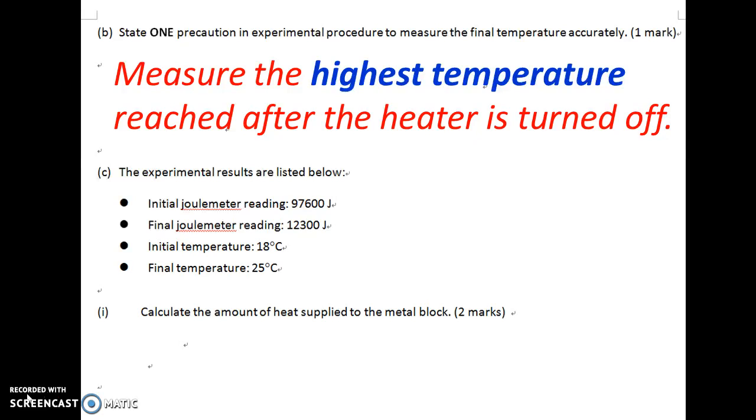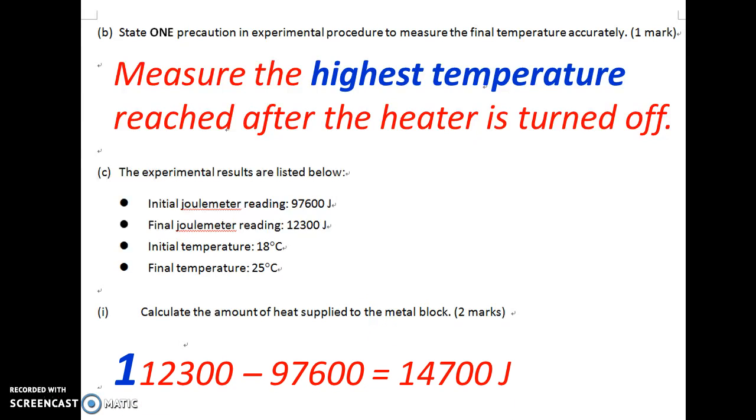Part C. The joulemeter readings are given, and in C1 you are asked to find the amount of energy given to the metal block. The answer should be the final joulemeter reading minus the initial joulemeter reading. For the final joulemeter reading, you should add a 1 here in order to find the correct answer.